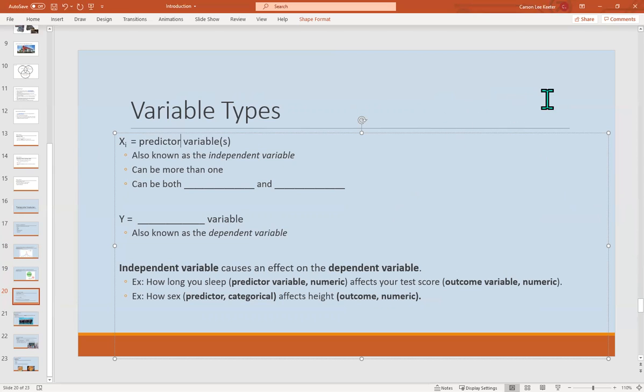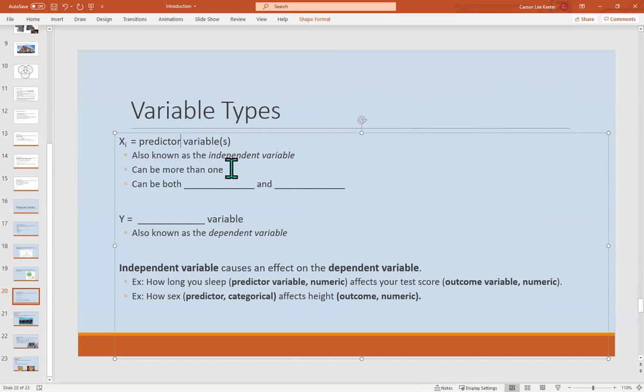And when we get into regression, this will be a little bit more clear. I think it makes more sense in regression than anywhere else. But it's also known as the independent variable. And this language, you can stretch either of these as far as you want, but we'll just keep it to these two things for right now.